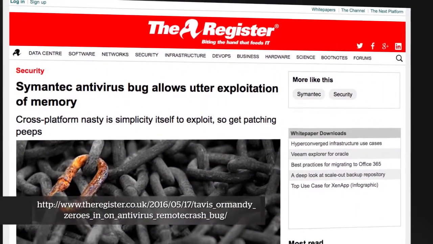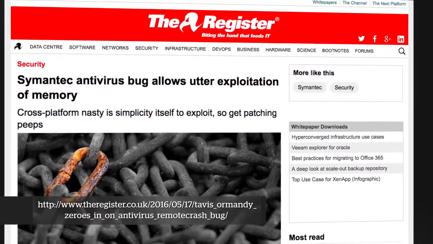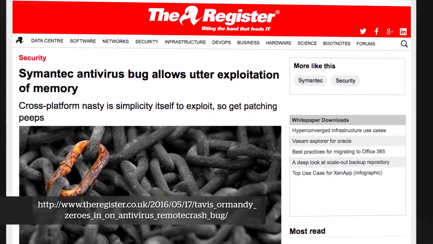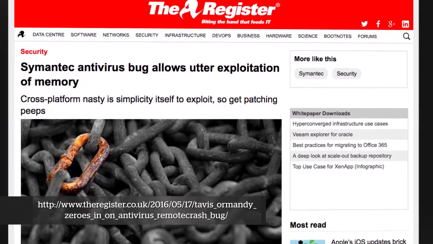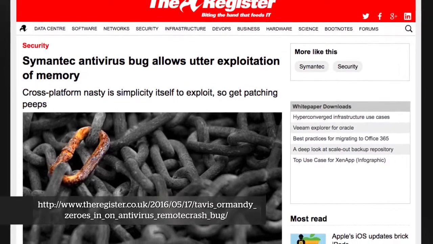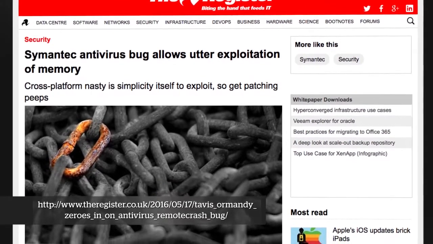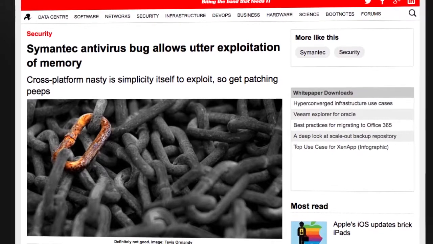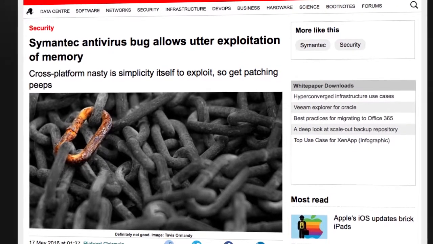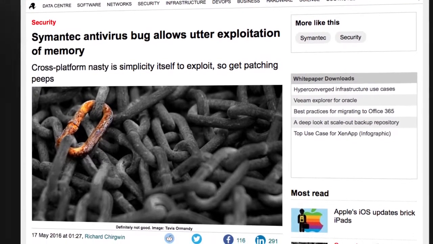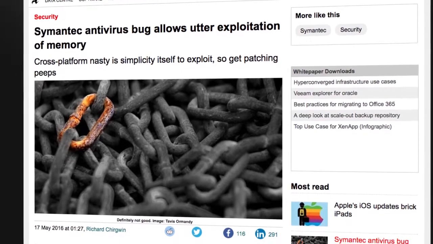This one was reported by Tavis Ormandy, one of these guys we've talked about a number of times on the show, who finds these vulnerabilities and reports them. This one is actually kind of a nasty one in Symantec antivirus. It exists across platforms, in their Windows, Mac, and Linux versions.